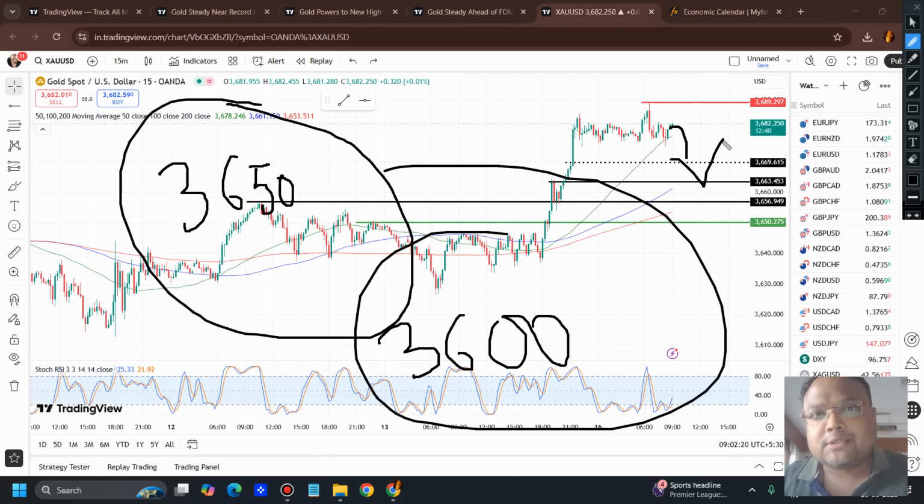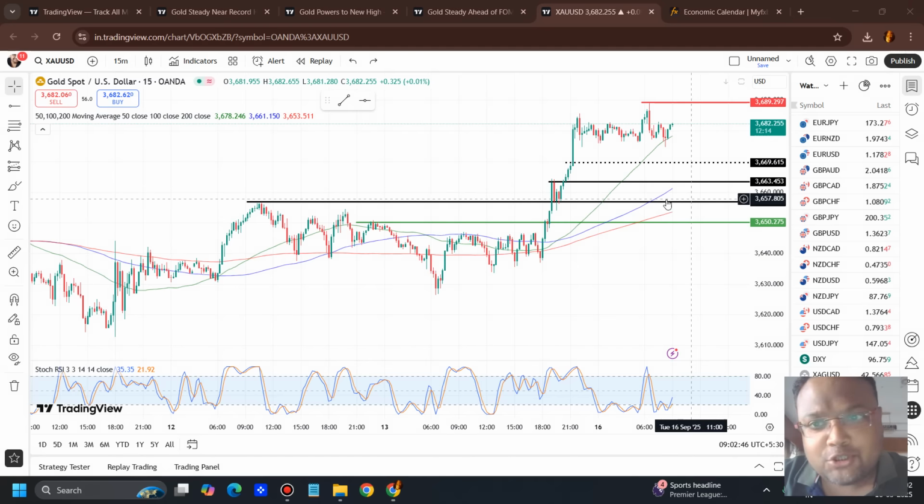But in retracements, if you try to take a sell position, there's a high chance that you will be trapped because the overall trend is bullish. So it's better to be on the safer side. The trend of the market is bullish, so we'll be mostly looking for buy positions only as long as gold is trading above 3650. Again, I'm repeating, as long as gold is trading above 3650, we will be looking for buy positions only.